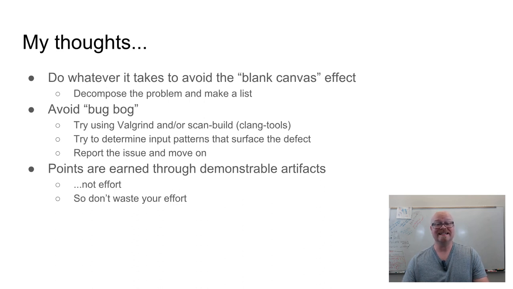If the bug still is not gone, then one of the things you need to do is at least try to determine the type of input patterns or the situation in which that defect surfaces. And then, in doing that, you may suddenly go, aha, I know what is causing this, and then correct it. Great.